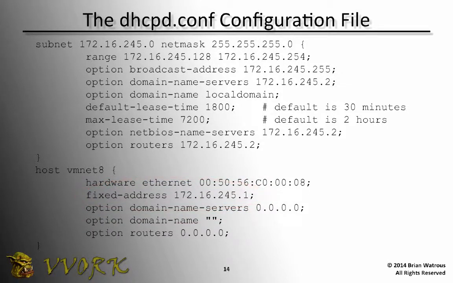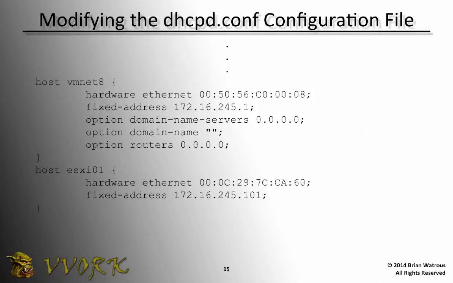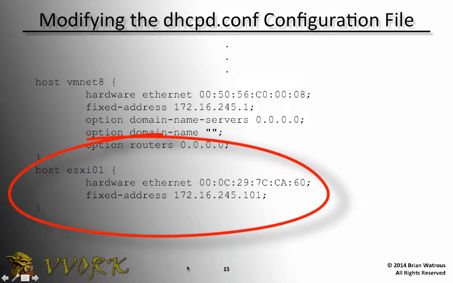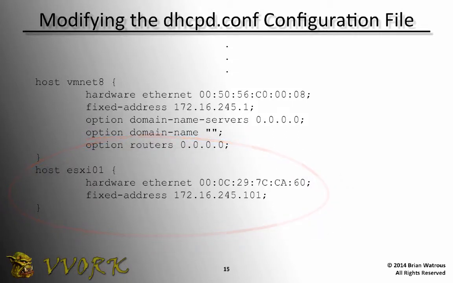Again, I didn't need to make any changes to this portion of the file, but what I did do was duplicate the host vmnet8 section to create a new section, host ESXi01, for information about the IP address that I wanted statically assigned to that machine called ESXi01.